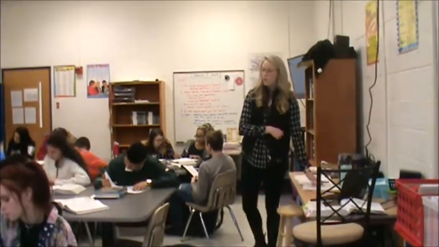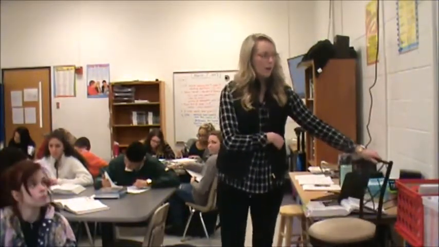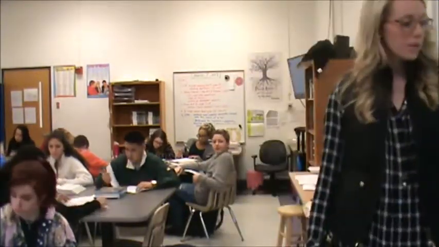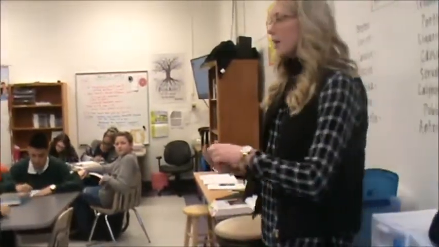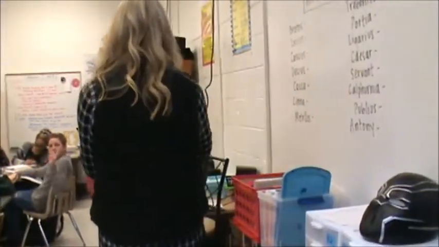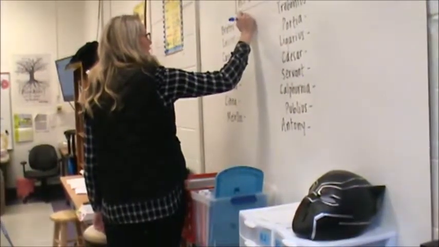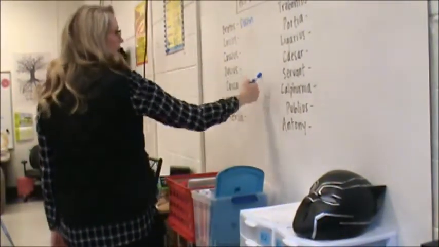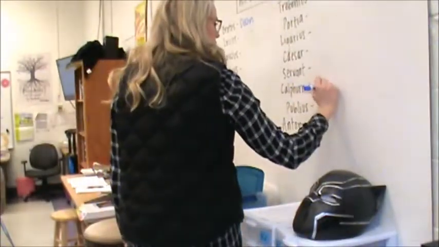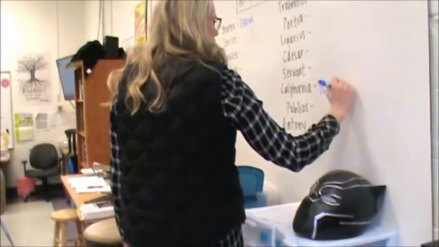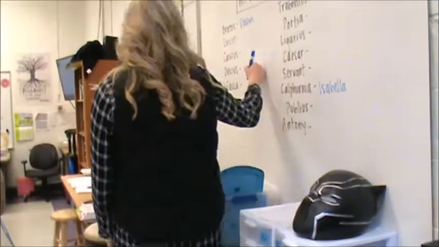Right, while you are working on that, I'm going to go ahead and take volunteers for our characters in Act 2, Scenes 1 and 2. So Destin, you said you want to be Brutus. And I know Isabella said she wanted to be Calphurnia. Lucius, Ben.